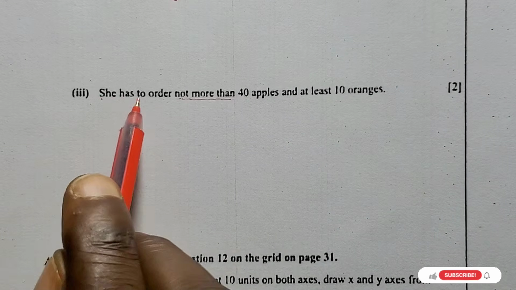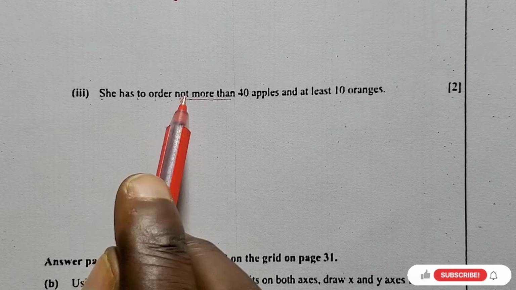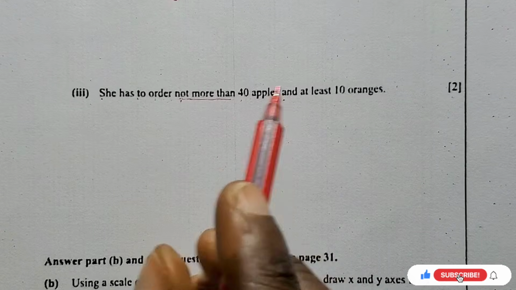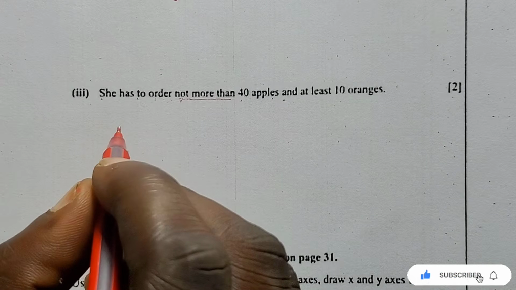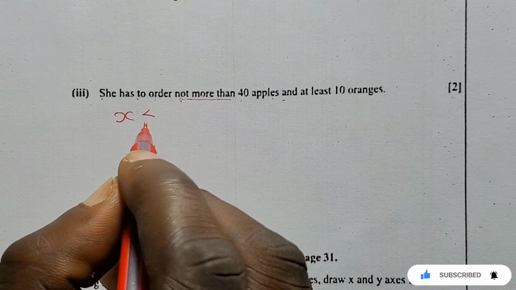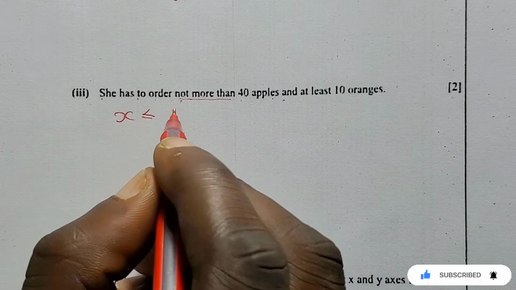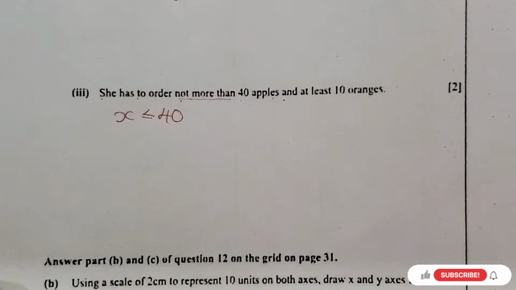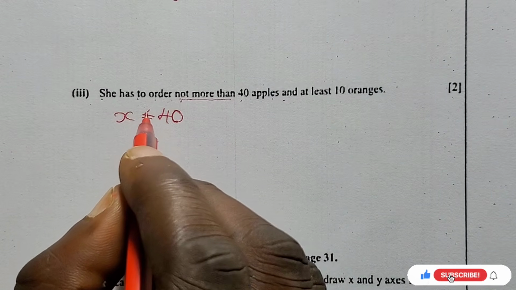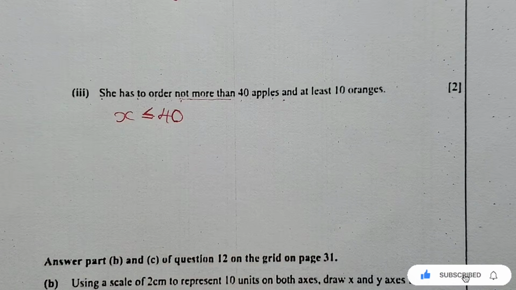It's saying she has to order not more than 40 apples. So apples is X, not more than meaning less than or equal to 40.